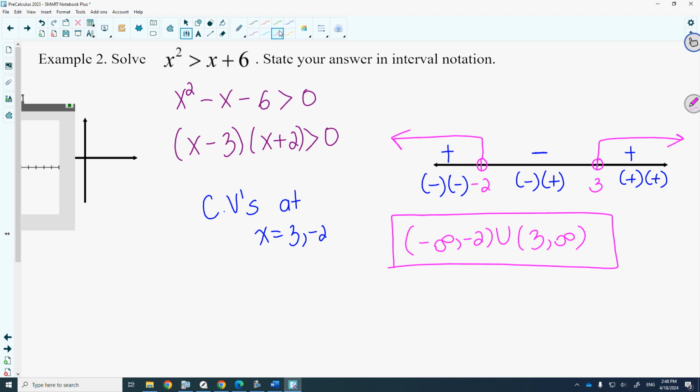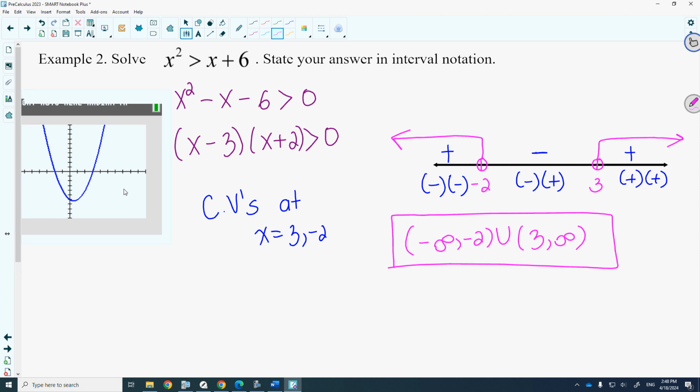Now, to relate this again back to 20-1, this is a parabola, a quadratic. It opens up, with a y-intercept of negative 6. So let's have a look. Here's a quadratic that opens up, y-intercept of negative 6. There are two x-intercepts. The two critical values are basically my x-intercepts. So 3 is an x-intercept, and negative 2. I am asking, when is this function greater than 0?